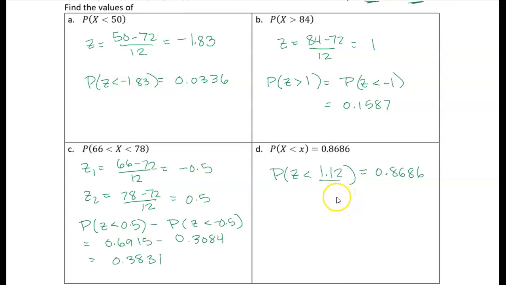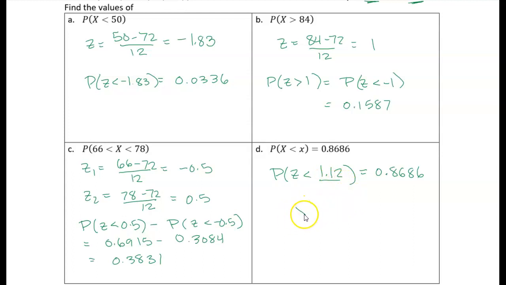Okay, so now I have to convert that z-score back to the value of the random variable. I want the value of the random variable to be 1.12 standard deviations above the mean.